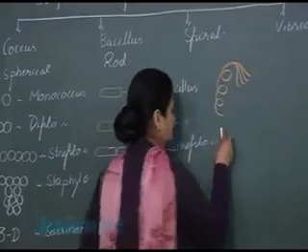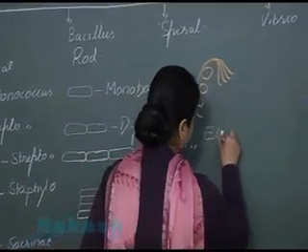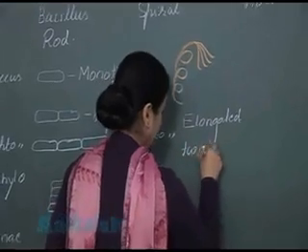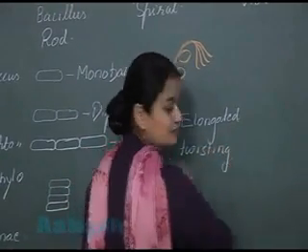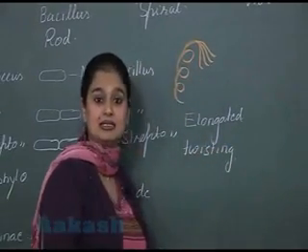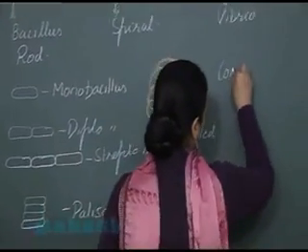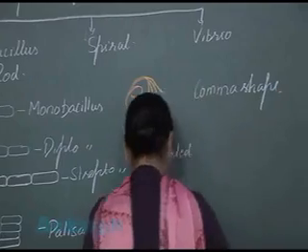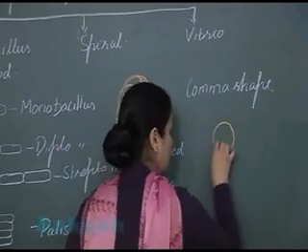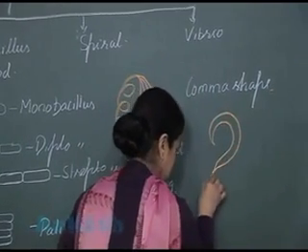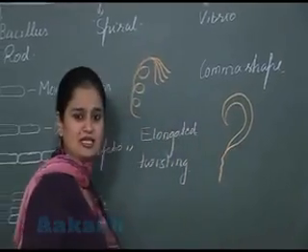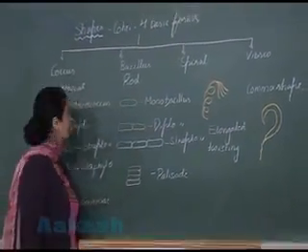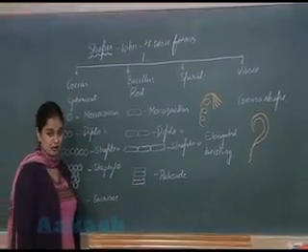So the spiral bacteria is elongated, showing twisting. The last category, the Vibrio bacteria, is comma shaped. Here I am representing the flagella. So these are the 4 basic shapes which were recognized by the scientist Cohen.